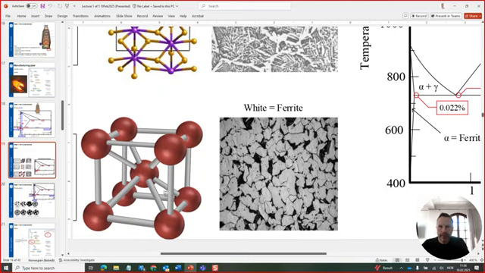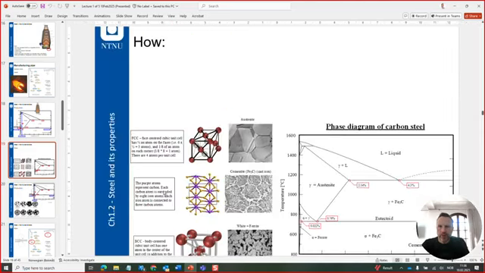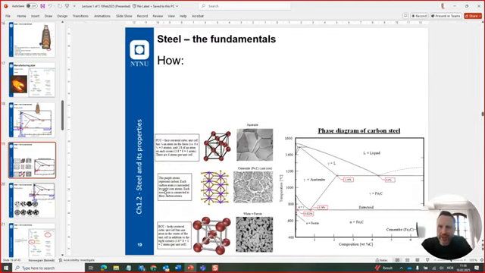So then we have an understanding of what is going on in our phase diagram that we just introduced.